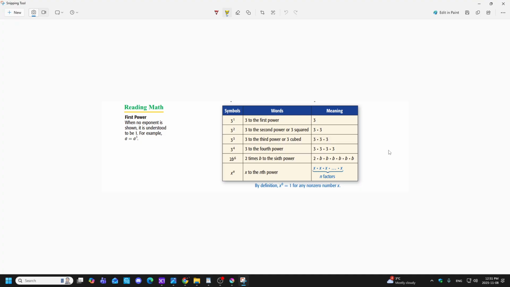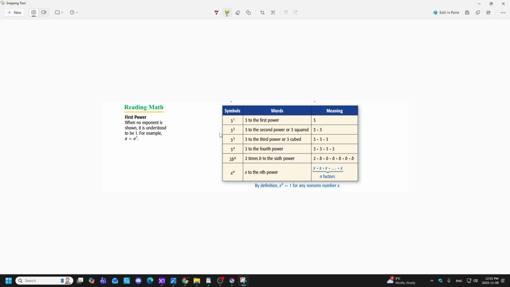For example, a simple variable such as a also can be seen as a to the power of 1. Therefore, if we write the value 3, it is also implied as 3 to the power of 1. Things that you learn, isn't that amazing? It absolutely is.